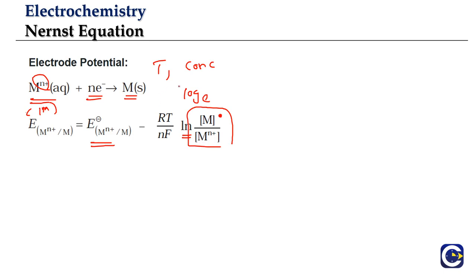If you look at the electrode reaction, for this reaction, if we express the reaction quotient, remember we talked about it in the chemical equilibrium chapter. Maybe if you are not very familiar with the reaction quotient, you can go back and take a look at our lectures on chemical equilibrium.